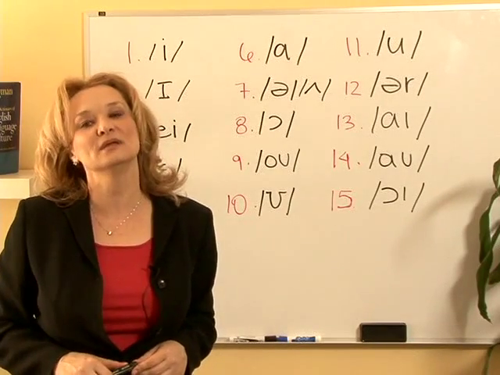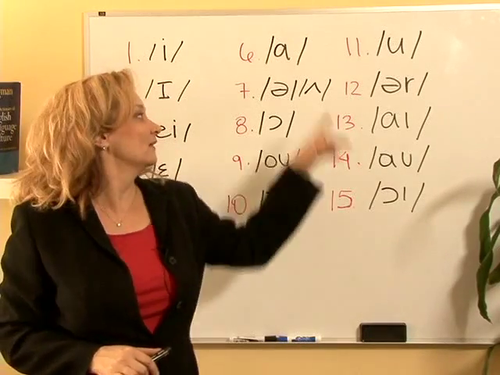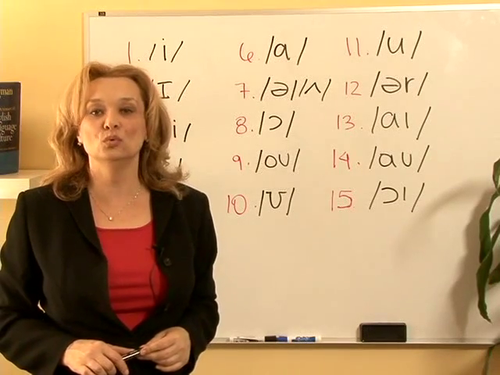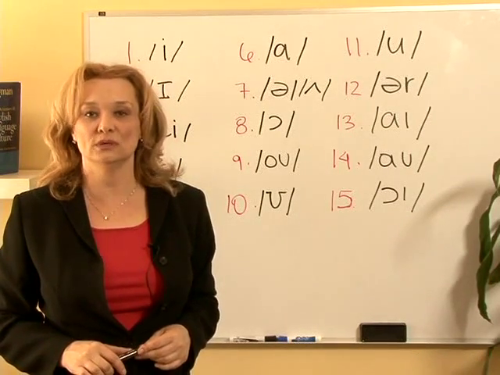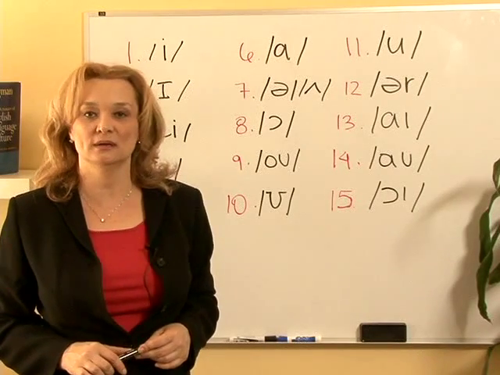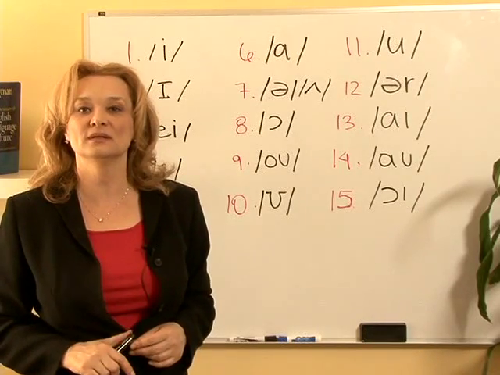Say it with me. Vowel number 11, oo: moon, shoes, room, blue. Say it with me.